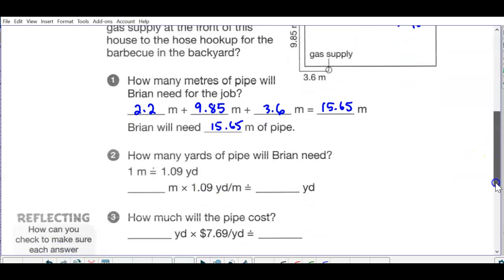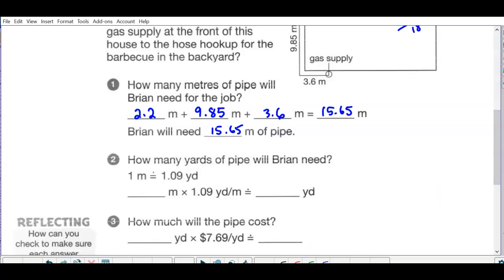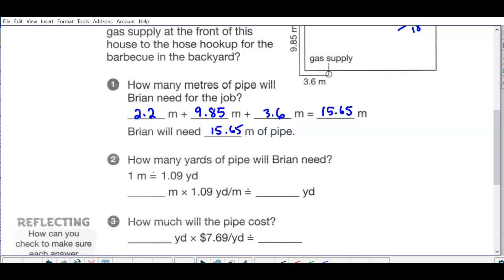Now we need to convert it because the price is in dollars per yard. So if you remember back, you can look back at your formula sheet or your conversion sheet at the back of your book.